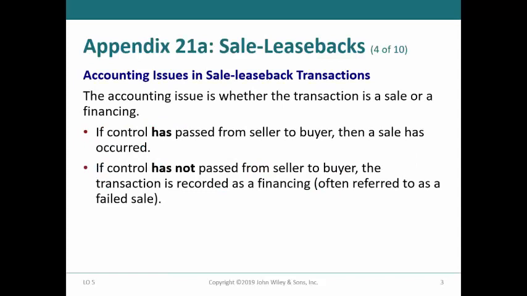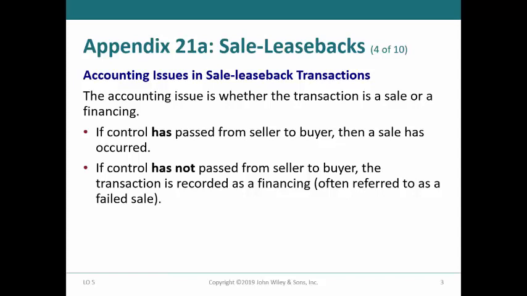Sale-leaseback transactions occur when a company that presently owns an asset sells the asset to a financial institution and immediately leases the asset back. If control of the asset has passed from the seller to the buyer, then a true sale has occurred.